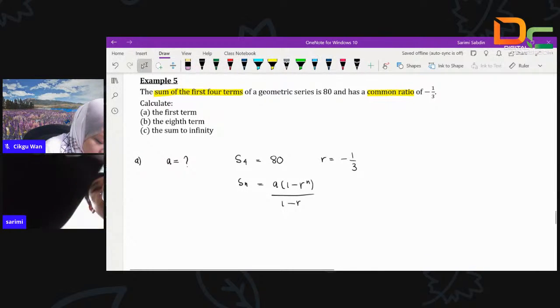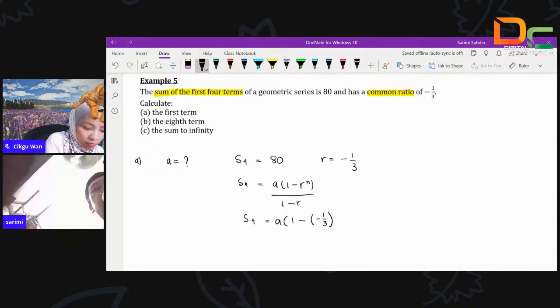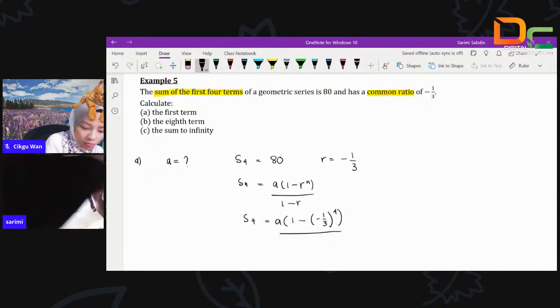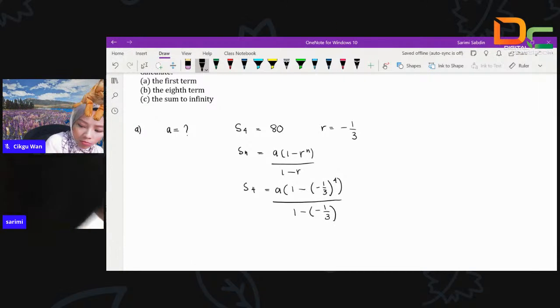So we have the information about S4. S4 is A times 1 minus, R adalah negative 1 over 3, to the power of 4, over 1 minus negative 1 over 3, and we know that S4 is 80.